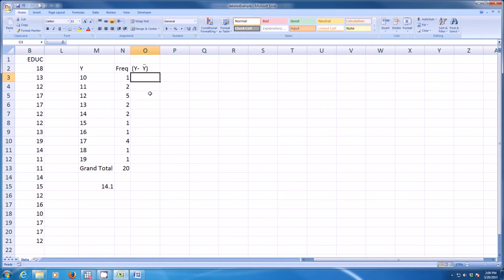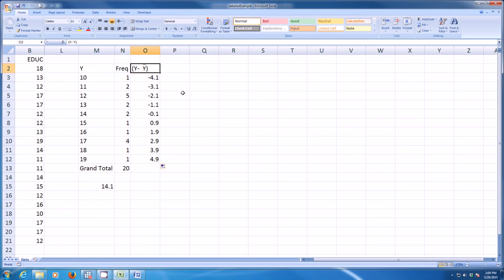And so we're just going to take the difference between each of the values of y subtracted from the average, and we're going to do this for each one. And so notice that M15 is the cell that's pointing to the average. If I put a dollar sign between M and 15, I can just put my cursor in the lower right-hand corner of this box, drag it down, and it will take the deviation from the mean for each of the categories of the variable y.